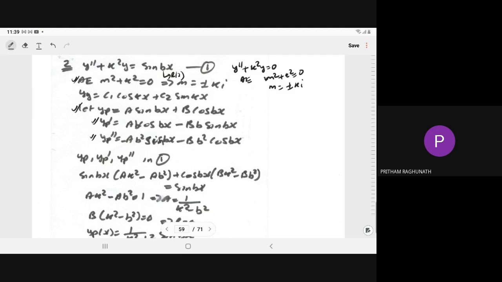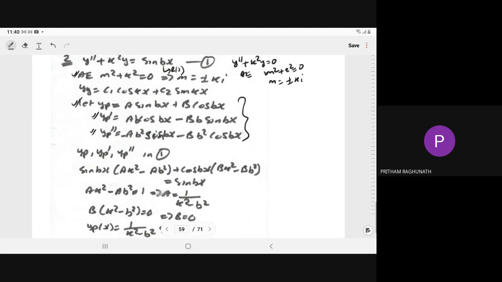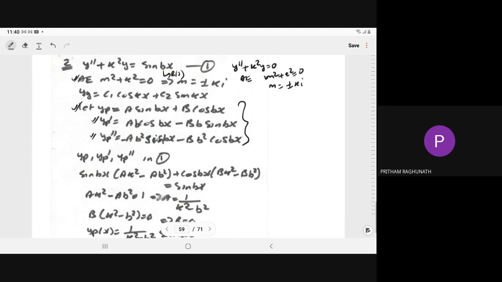When we put the values of yp dash and yp double dash in the given complete equation and compare, collecting the coefficients of sin bx and cos bx, we have the following equation.